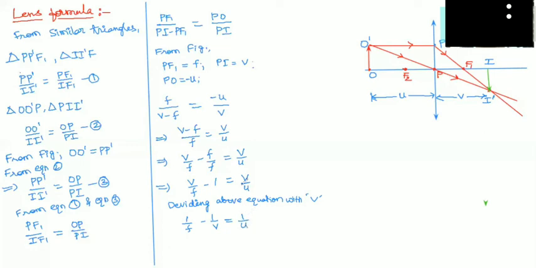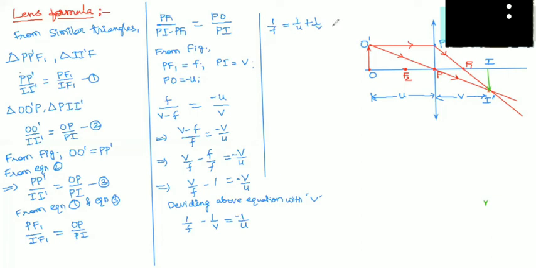Okay, now based on this, if we write an equation for 1 by F, one second, is there anything missing out? Here the minus is missing, so here minus 1 by U will come.